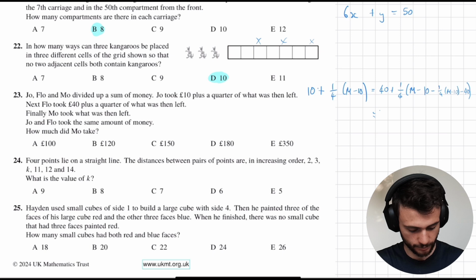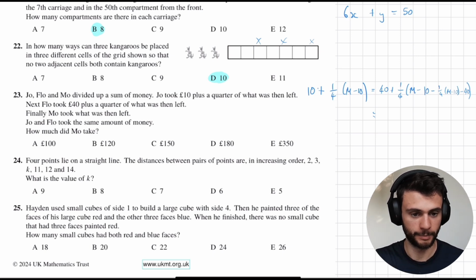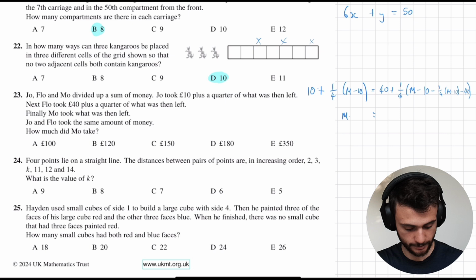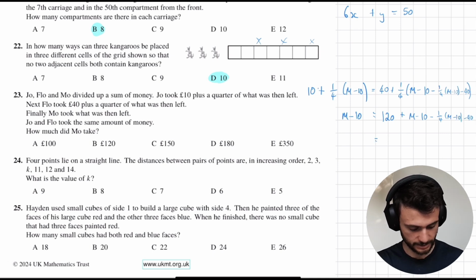So rather than multiplying by a quarter, it's going to make more sense to multiply both sides by 4. We'll do that after we subtract 10 from both sides. So we get 30 times 4, and then we get M minus 10 is equal to 120 plus M minus 10 minus a quarter, brackets M minus 10 minus 40. Okay, let's collect up all those terms.